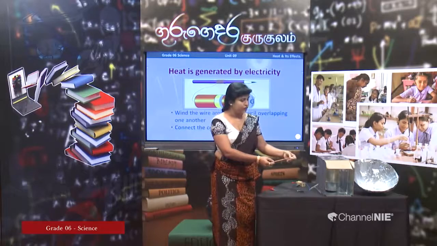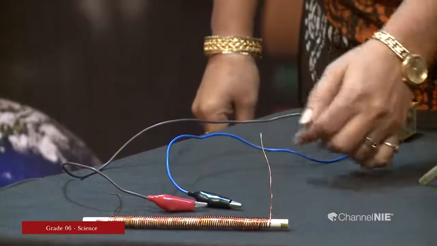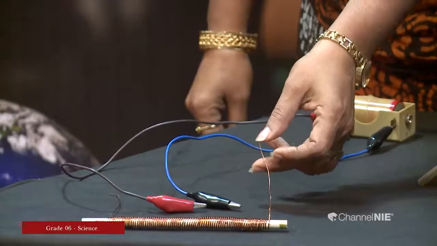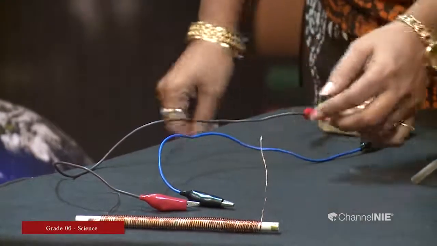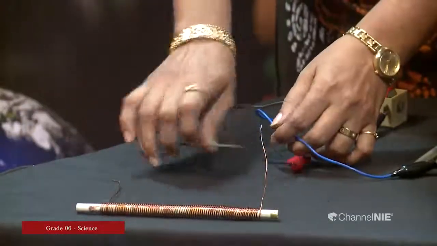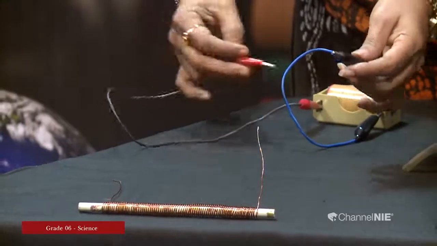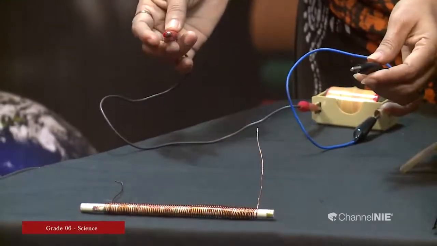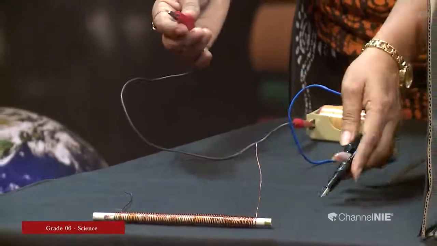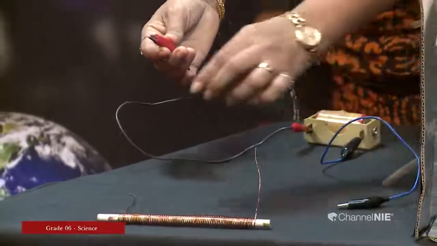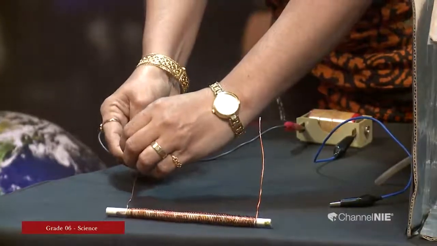Here I have got a copper wire wound around a pencil, overlapping one another. Here are two wires connected to clips, and the clips are connected to a dry cell. Now, I am going to connect the wires to the ends of the copper coil in this way.